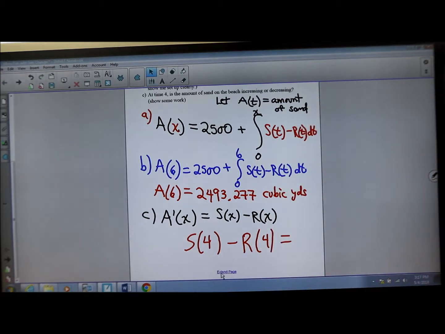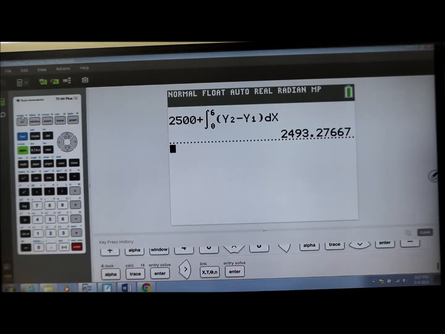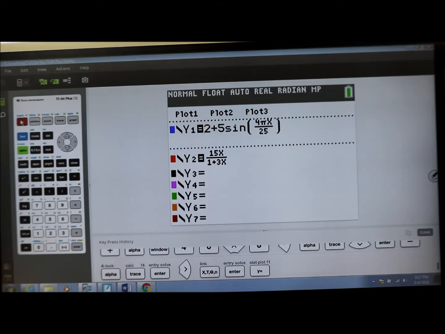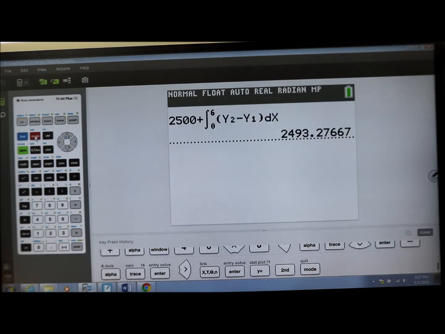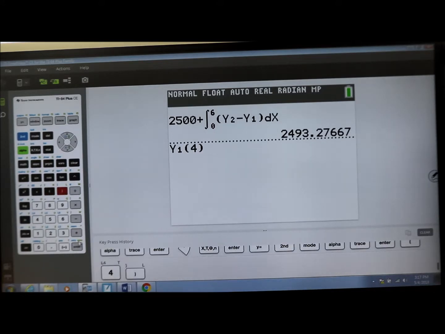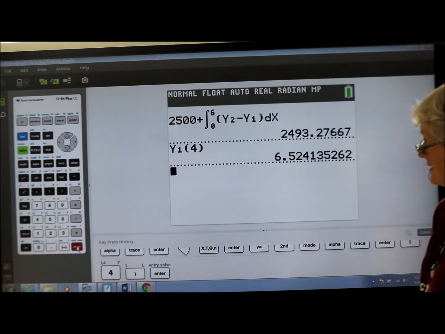Let's ask our calculator. And this is when it's so handy to have those graphs already in the y equals. So my y1 was removing the sand. Let me show you a cool trick. You could do this a couple of ways, but I can do my alpha trace y1, parentheses 4, and it gives me the y value of that function.